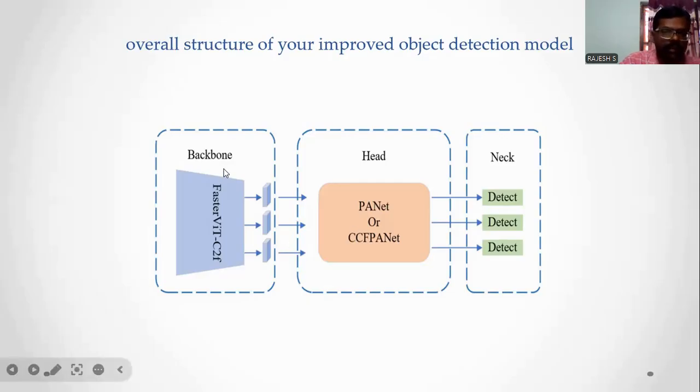So simply, the backbone extracts the features, the head, consisting of the path aggregation network and the cross-scale feature path aggregation network, combines the features, and the neck outputs the object predictions.